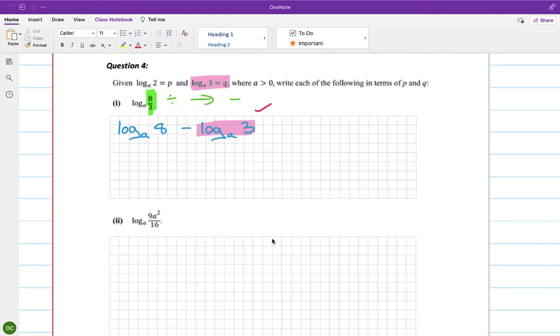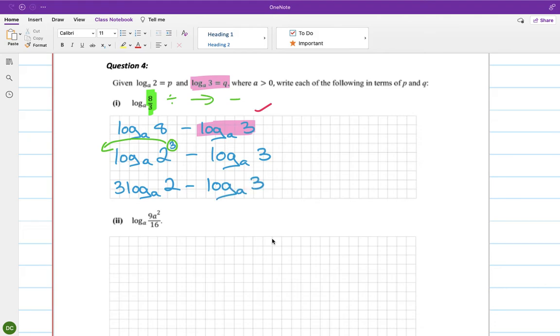I don't need to do any more. It's just q. Now the other one, you're going to have to turn into, I need a 2, right? So if we go like this, log to the base a and turn 8 into 2 cubed. Yeah? And then if you bring the 3 to the front, you get 3 log to the base a of 2 minus log to the base a of 3.